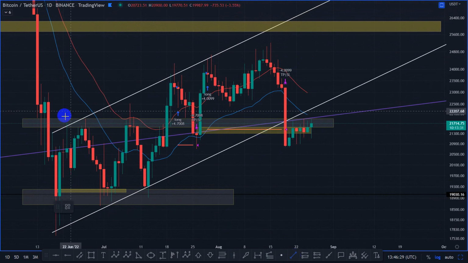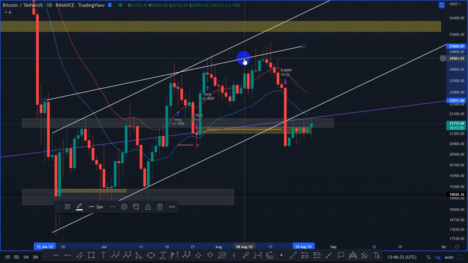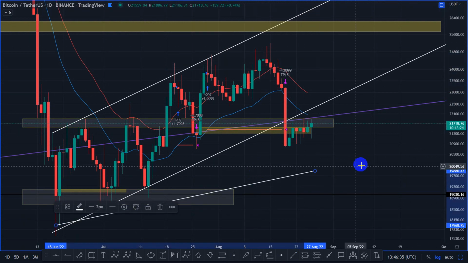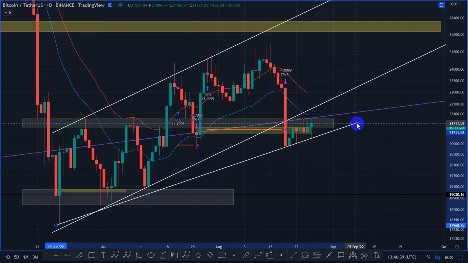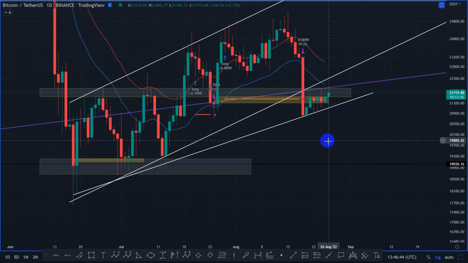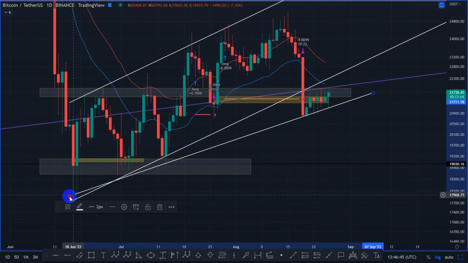If I will connect, not like this, but for example, let's better do it on the lower border. If I will connect these points like that, what you can see gives a very nice resistance here, right? Twice here, then twice here.